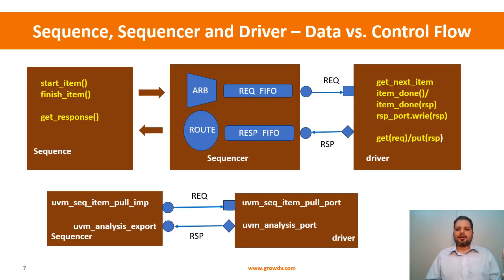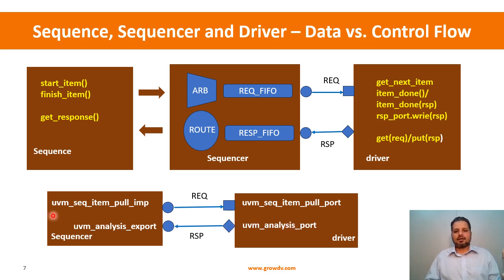Let's look a little bit at the inner details. We'll go deeper and deeper into the examples now. So let's quickly look at it. We have the sequencer and driver, and as we have seen in the previous slide as well, they are connected through two TLM ports.